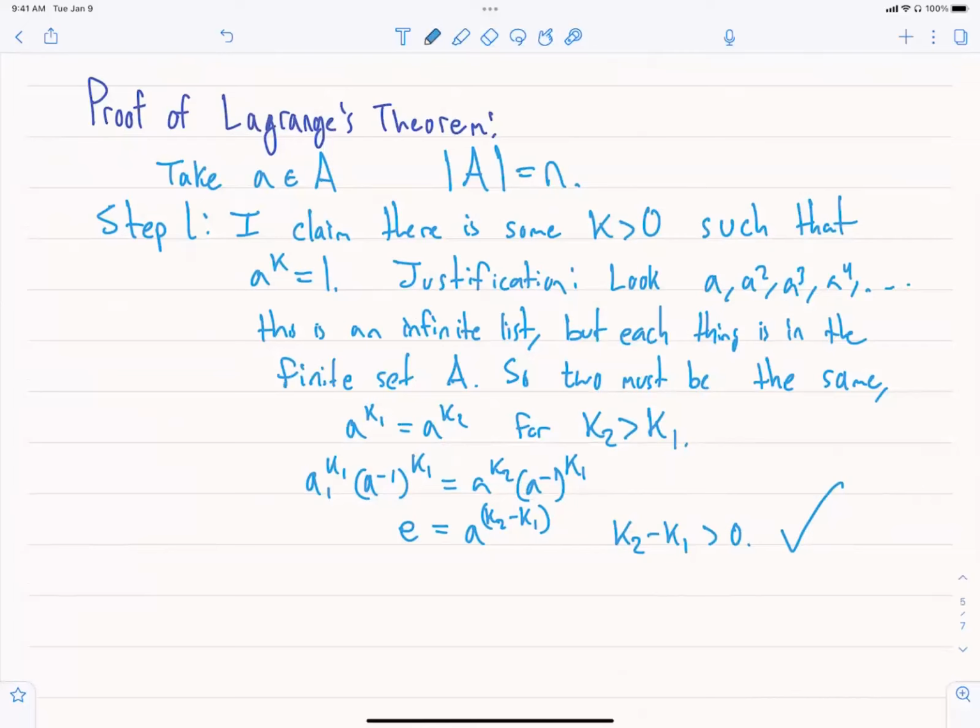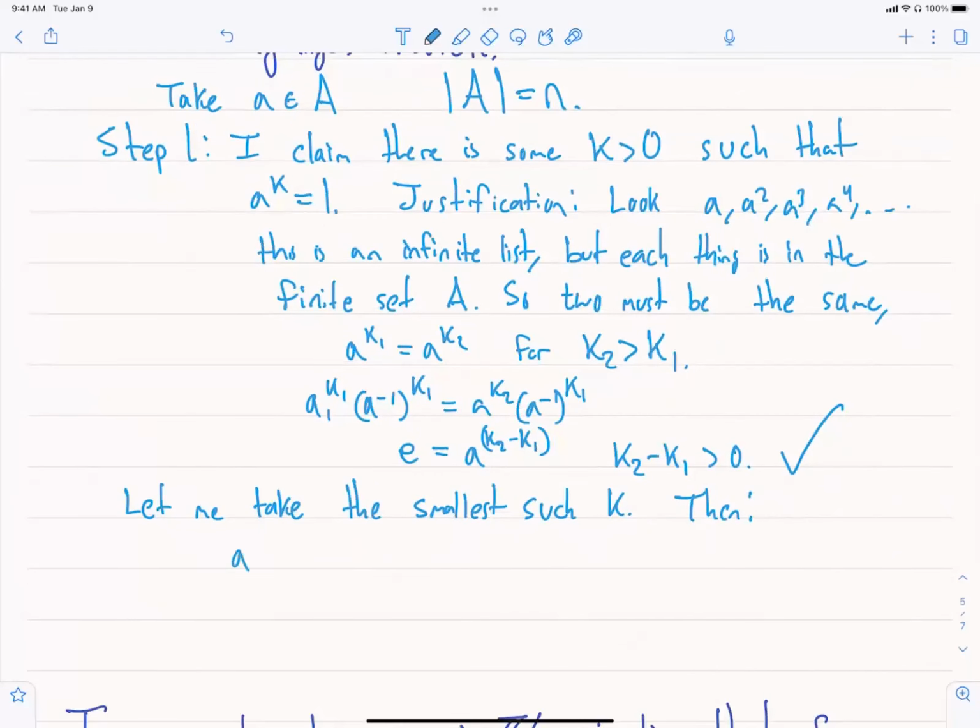Okay, so now let me take the smallest such k. Then the elements 1, a, a squared, all the way up to a to the k minus 1 are distinct elements of A. Not the numbers, but the elements.